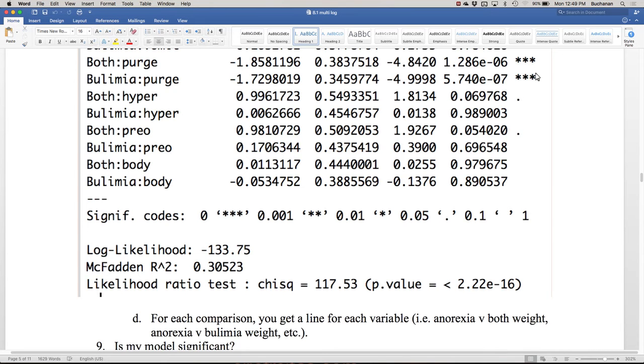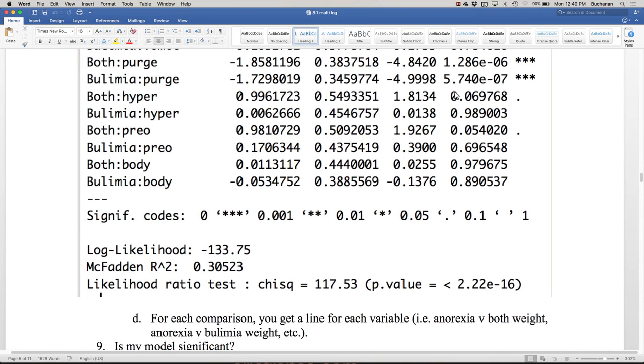This is negative. Don't know why. My data isn't always perfect. So both of them, because they're negative, predict the lower coded group, which is anorexia. And in both of them, they have higher purging concerns.